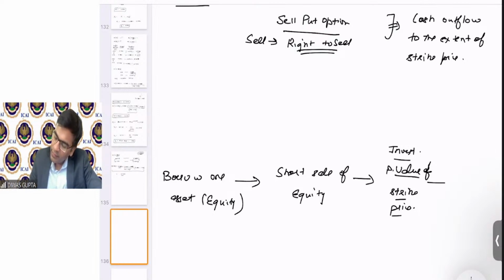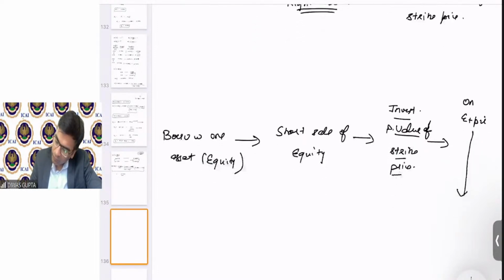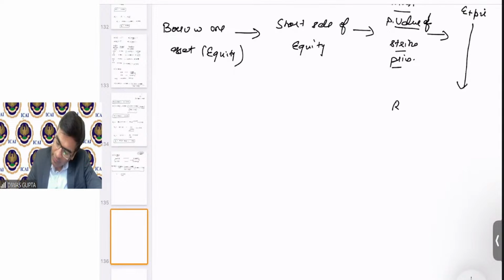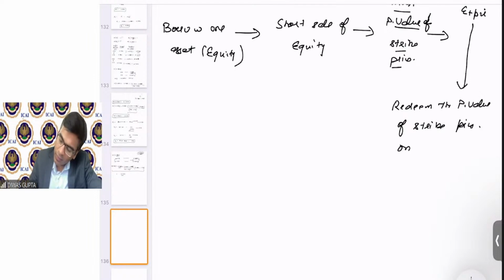Correct? Then on expiry, I will redeem the present value of the strike price on maturity.